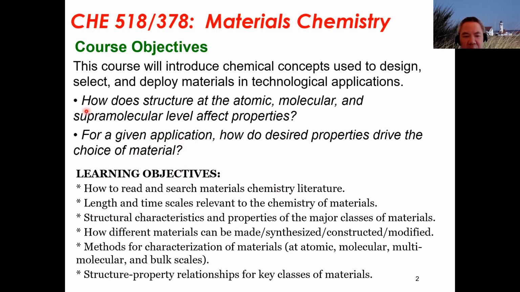Some of the objectives of the course that I teach, and you'll find this for every single university course that you end up taking, is a set of outcomes, or what we hope that you gain by taking our course.